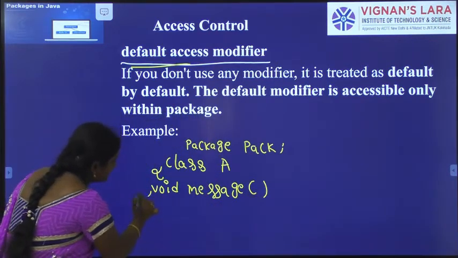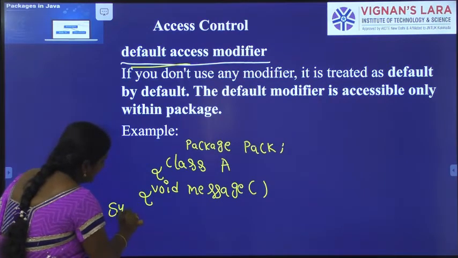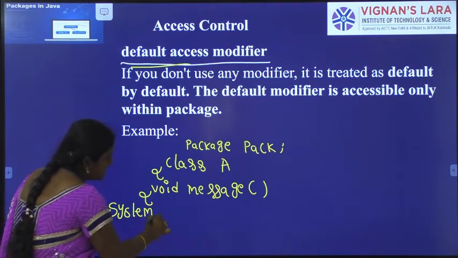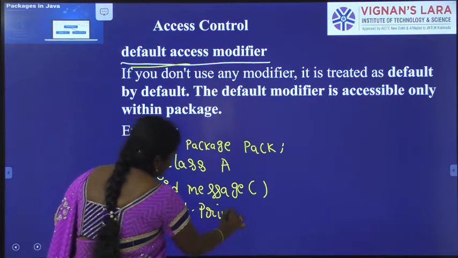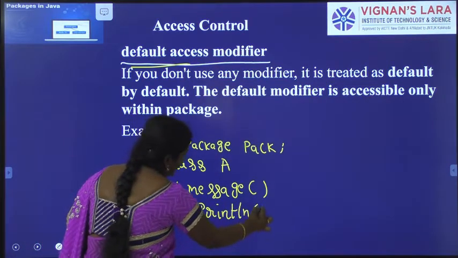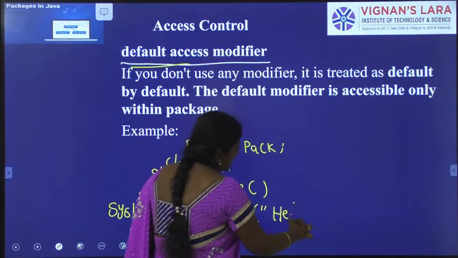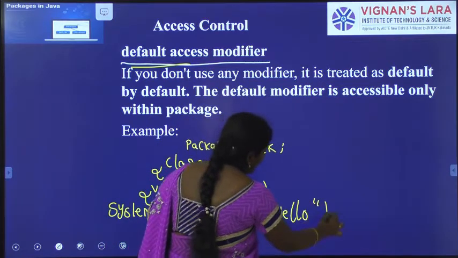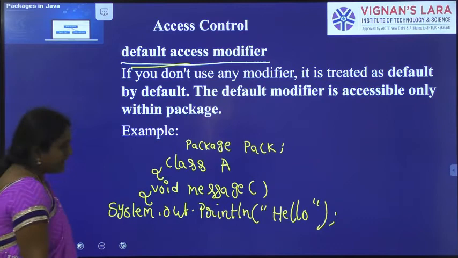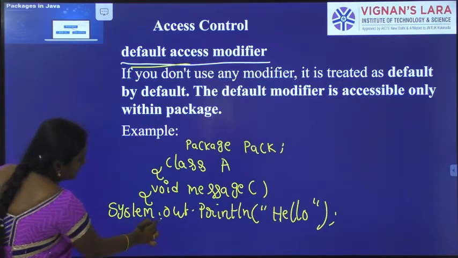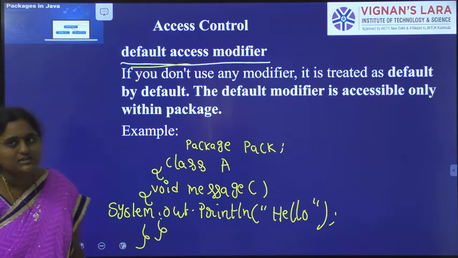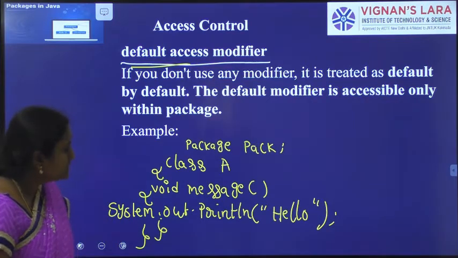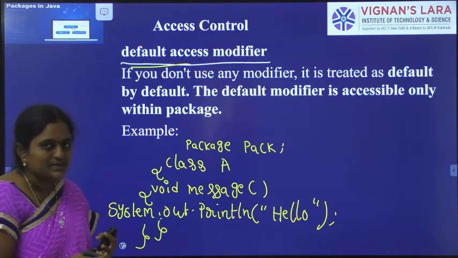What is the body of this message? Here I am writing System.out.println hello. Then I close the method body and the class body. We can save this program as A.java and compile it.